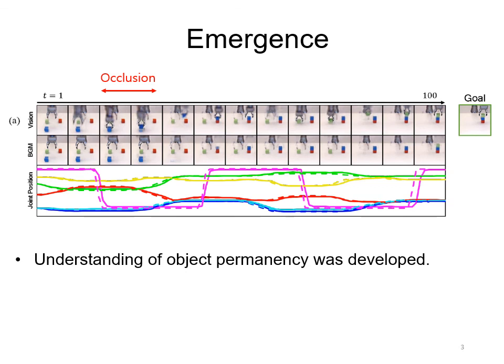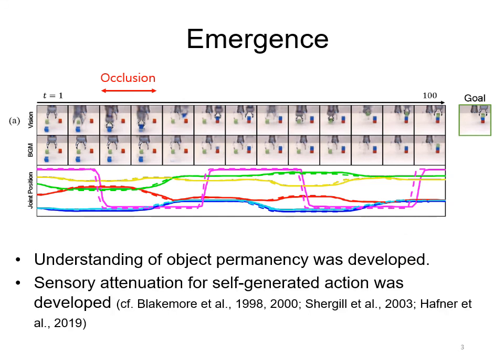What we observed is that a kind of understanding of object permanence was developed through the learning. That is one thing. The other is that sensory attenuation for self-generated action was developed. Especially we can see that in the visual working memory sequence of this.